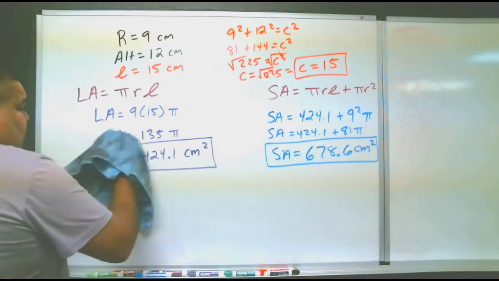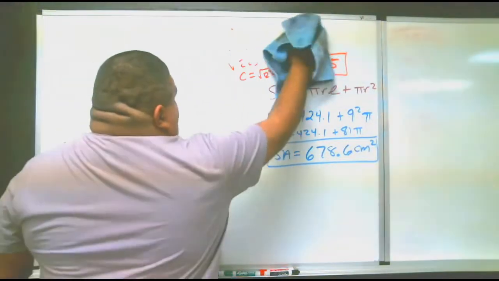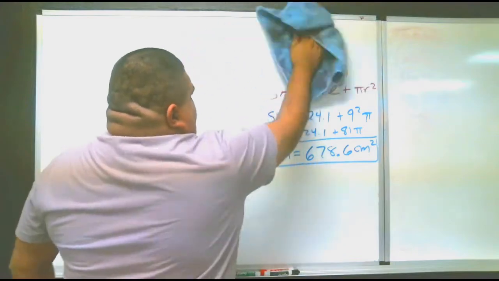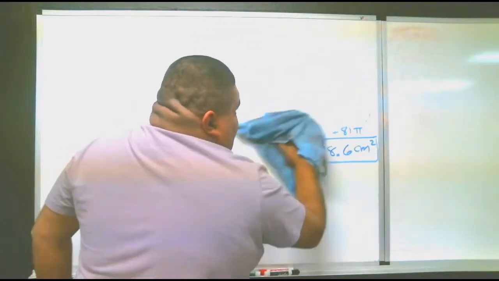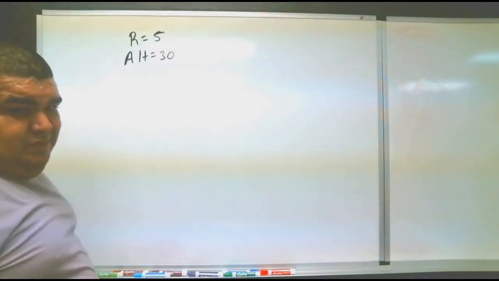All right, your assignment for today is, again, I'm not going to really draw the cones. I'm only going to give you your key information. So for the first one, we have a radius of 5, altitude of 30.